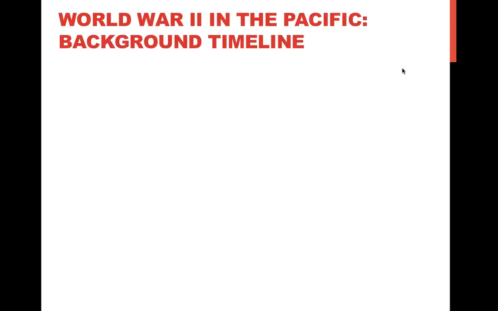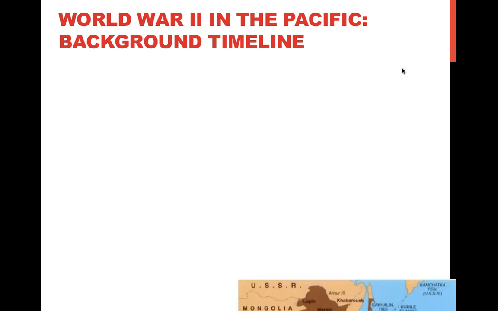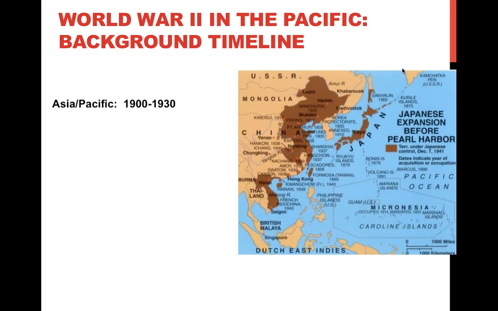So I want to give you a quick background timeline of the war in the Pacific. And we want to go back to the early 1900s, because it's in the early 1900s where we start to see the rise of Japan as a major economic power, but military power especially. Japan really began to what is called modernize in the late 19th century. In other words, they shifted to modern industries. They were looking to be able to compete with the major Western powers such as Germany, France, England, and the United States as well.